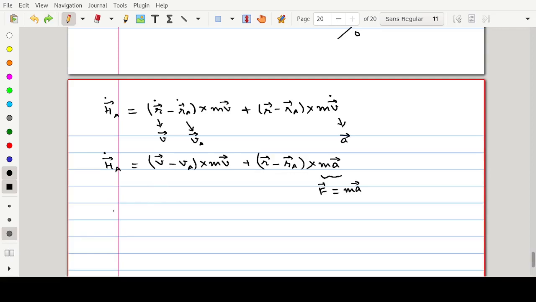over v and va. So what we will get is HA dot is equal to v cross mv, which is basically 0 because v cross v is 0 by the property of cross product, minus va cross mv plus r minus ra cross, I will replace ma by the net force acting on the particle.